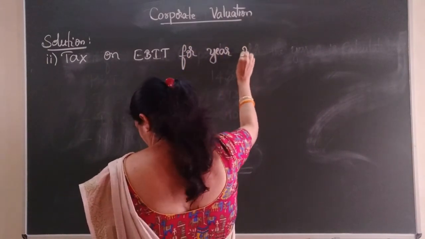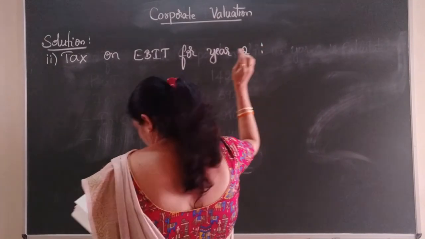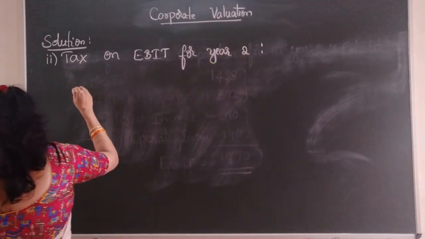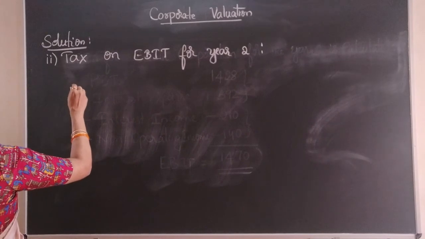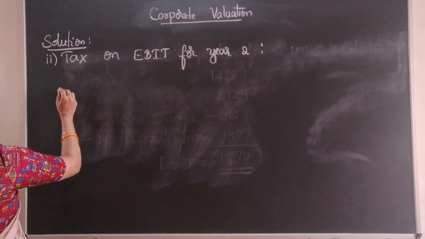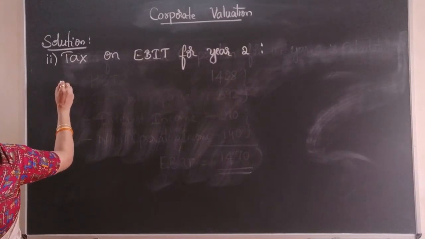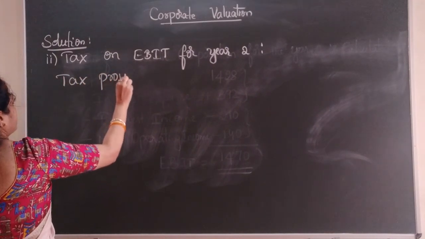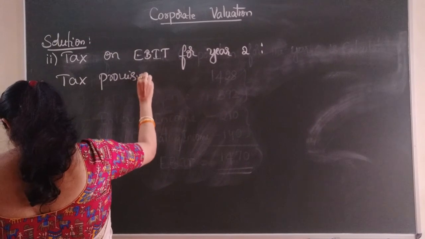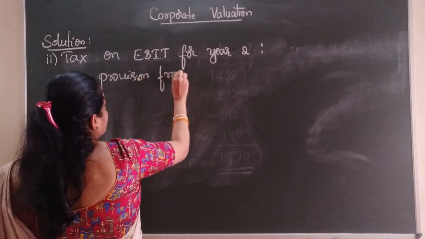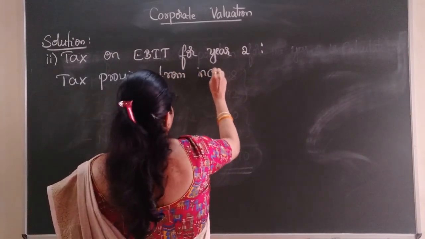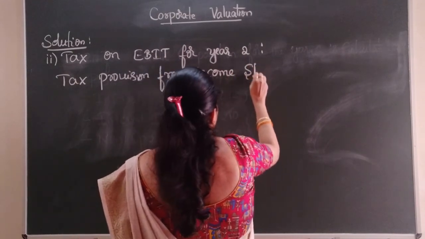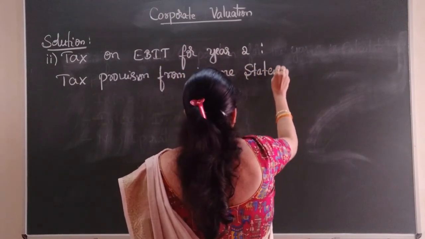For the year 2 it is the tax provision from the income statement. What is the tax provision given in the problem? 448 in the second year. Tax provision from the income statement, income statement means P&L account, for the second year is 448.